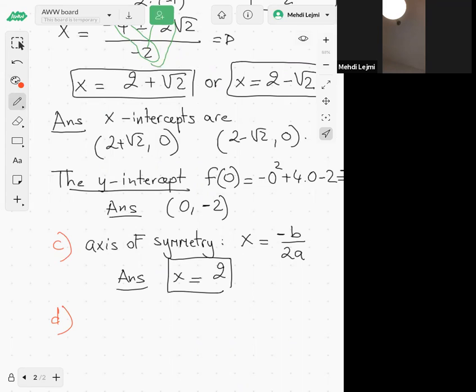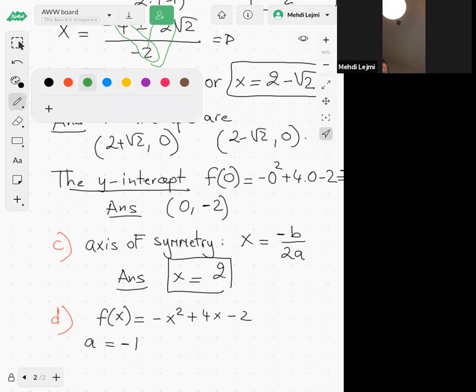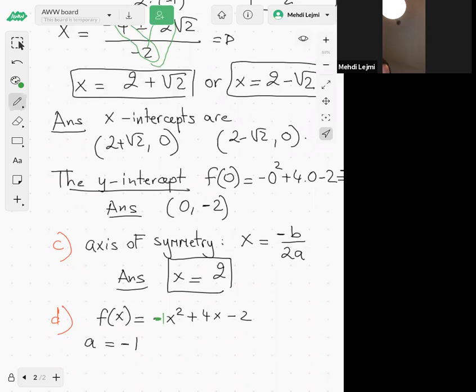So in this case, f of x is minus x squared plus 4x minus 2, right? So a is negative 1. This is your a. A is negative 1.